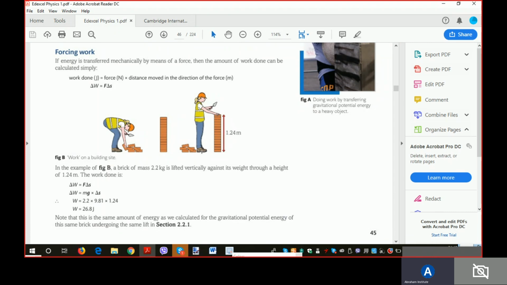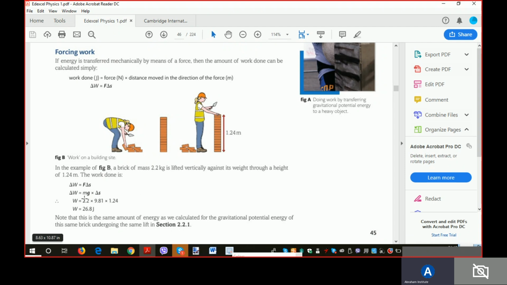When the bricks are here, the gravitational potential energy is 0. But once she lifts the bricks here, the gravitational potential energy is increasing, and it is equal to this value. If one brick is lifted to this point, it is mgh, where h is 1.24.